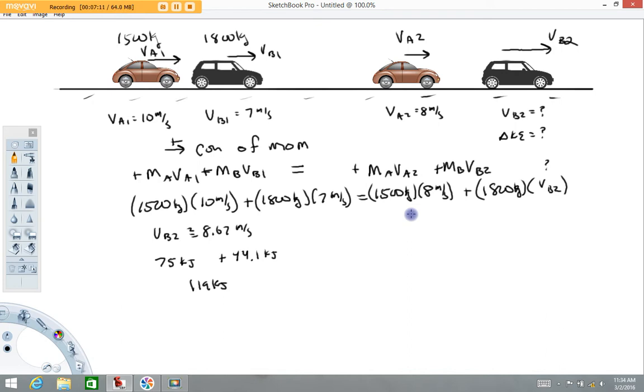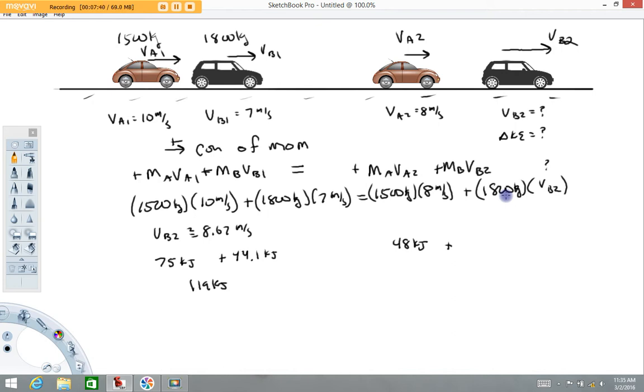1/2 times 1,500 times 8 squared. Okay, I get 48 kilojoules for this momentum term. And then for this one, 1/2 times 1,800 times VB2, which remember was 8.67, squared.